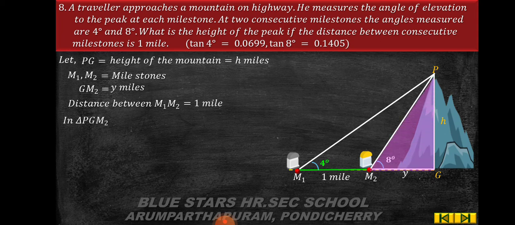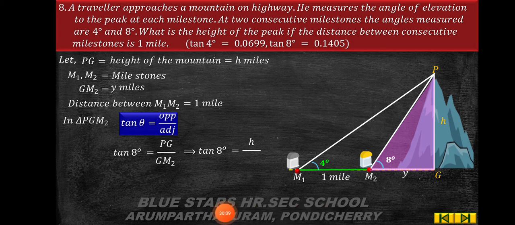So in a triangle PGM2, that is second mile, tan theta is equal to opposite by adjacent. So tan 8 degree is equal to opposite side PG divided by the adjacent side GM2, which implies tan 8 degree is equal to the value of PG is H. So tan 8 degree is equal to H divided by Y. So Y is equal to H by tan 8 degree.